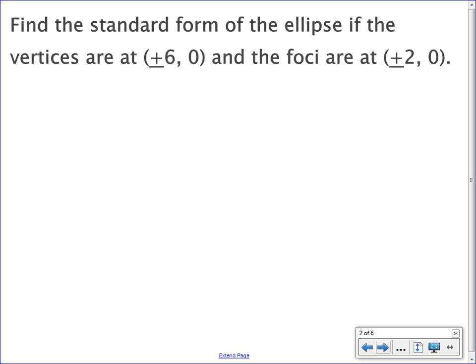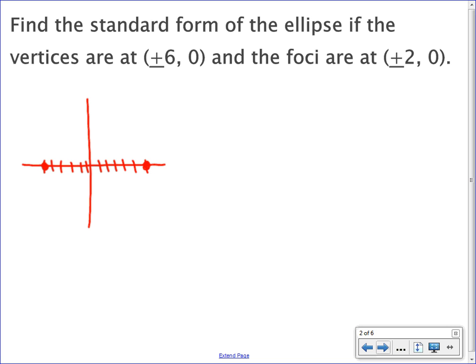Just like we did with parabolas, we need to draw a rough picture. It doesn't have to be perfect, it just needs to give us an idea of what is going on. So, we have 6, 0, and negative 6, 0.